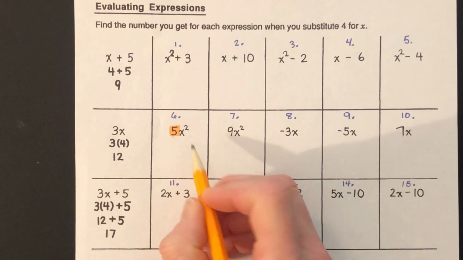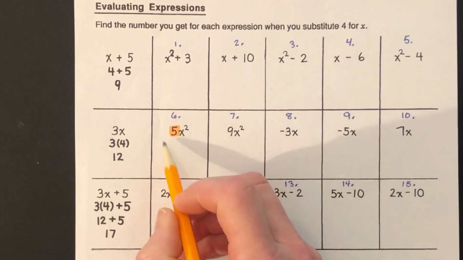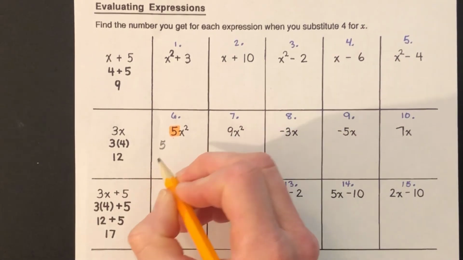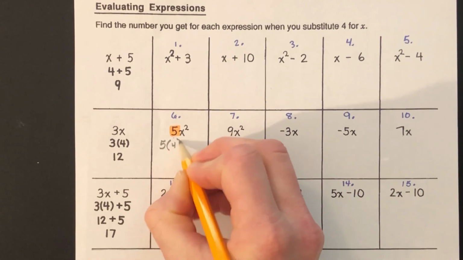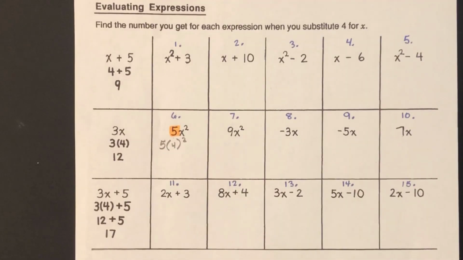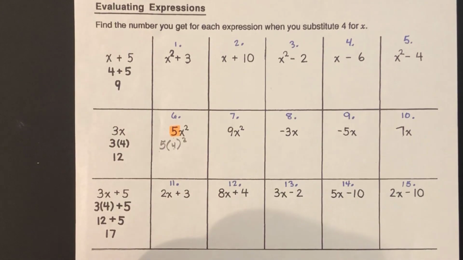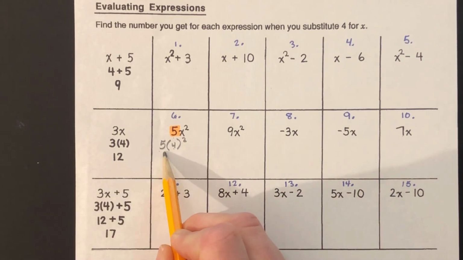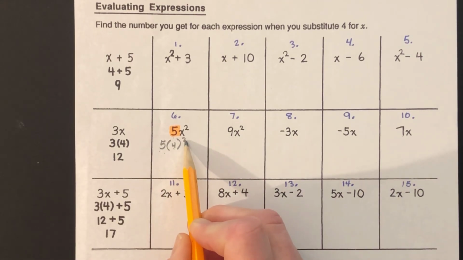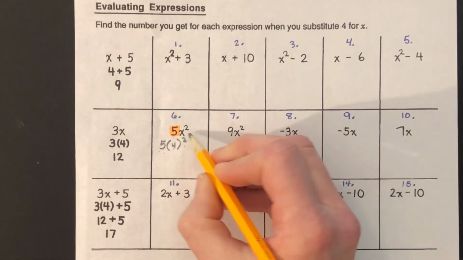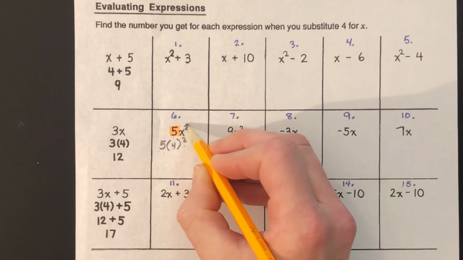Okay, so 5x squared. We're substituting 4 for x, so it becomes 4 squared. Now here is where a lot of people will make mistakes. There's a tendency to multiply 5 and 4 first. But remember, according to order of operations, when you have a multiplication and exponents, you do exponents first. And this 2 is only squaring this x right here.